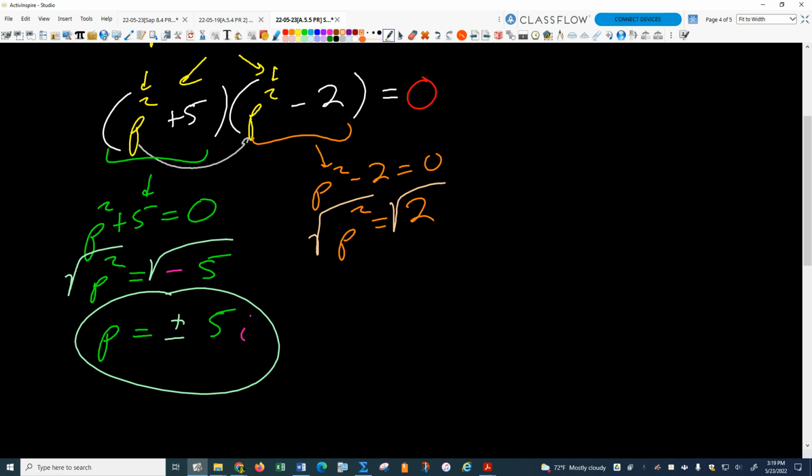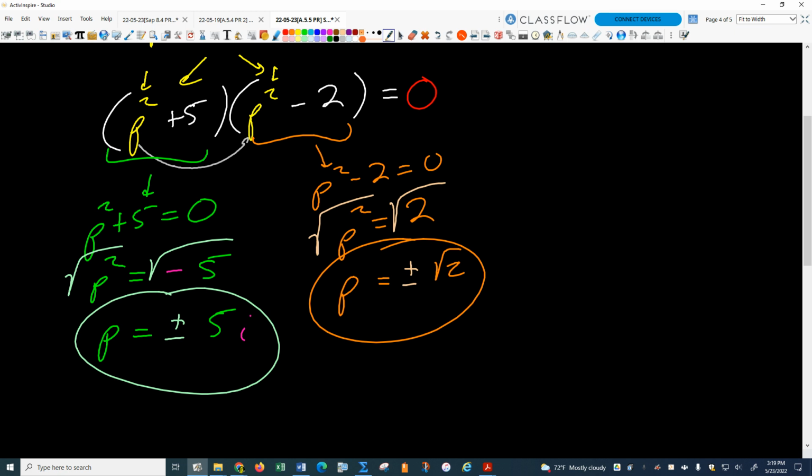Plus or minus, right? And the square root of 2, can that be simplified? No. So I'm just stuck with plus or minus square root of 2, and there's all 4 of my solutions.